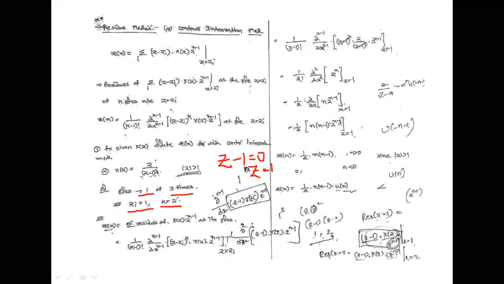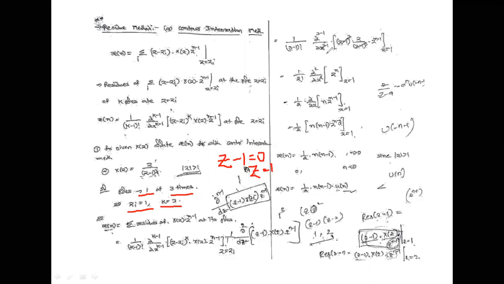Because k is equal to 3, you get the second derivative, d square by dz square. (z minus 1) whole power 3 and the x of z, z by (z minus 1) whole cube, get cancelled, leaving z power n minus 1. Got it, students?